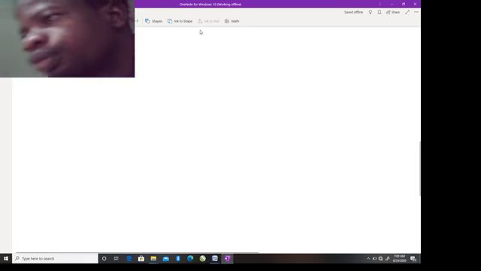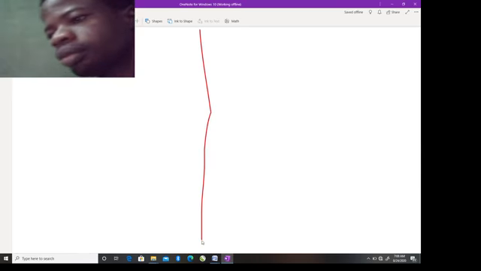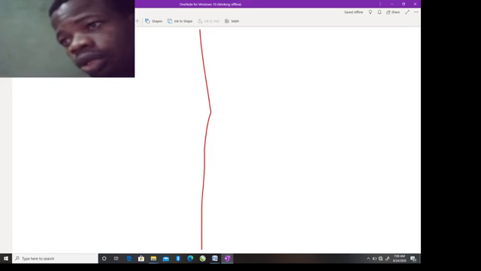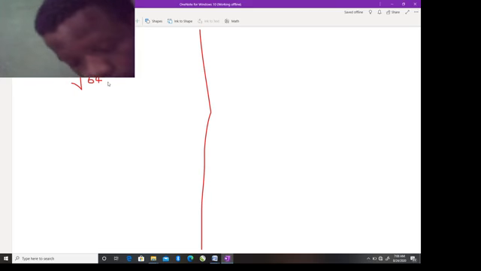So we go to the next example. We have something like this: 64, r to the power minus 6, everything raised to the power 1 over 2.